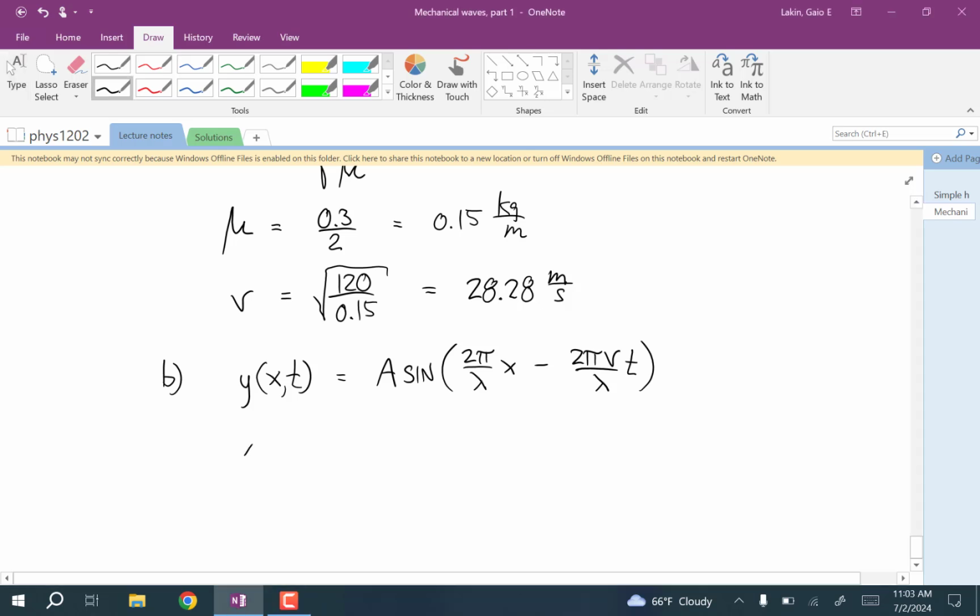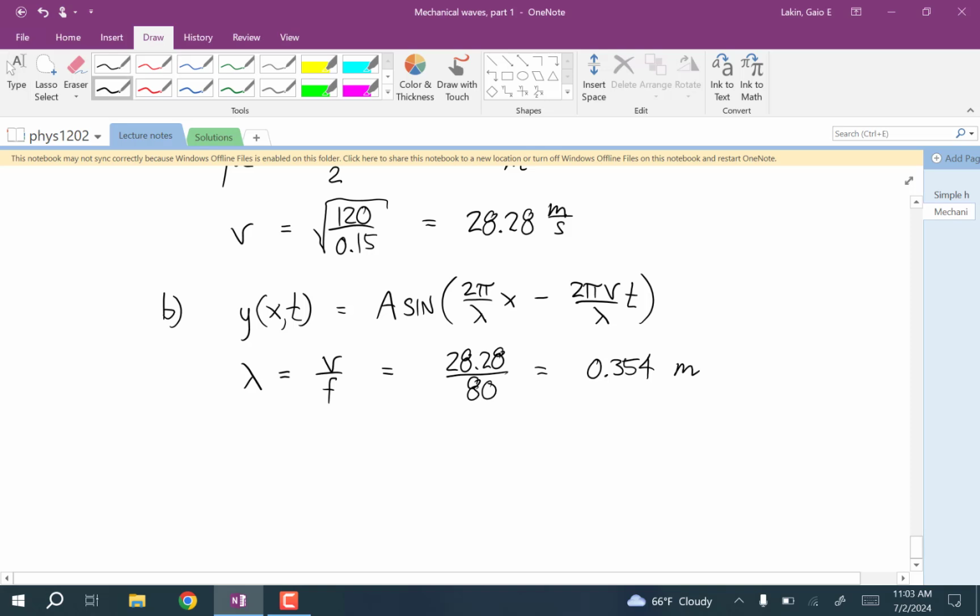We can use the equation that says wavelength is equal to wave speed divided by the frequency. We just calculated the wave speed. This is 28.28 meters per second. The frequency is given. So we're dividing by 80 hertz. And we get a wavelength of 0.354 meters.